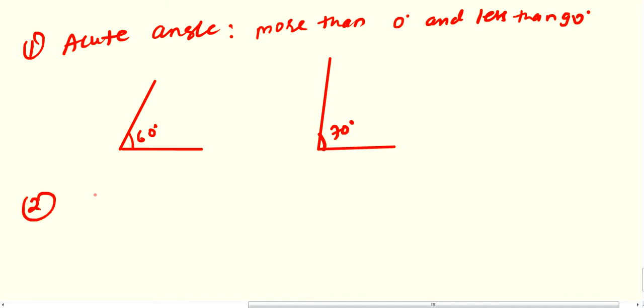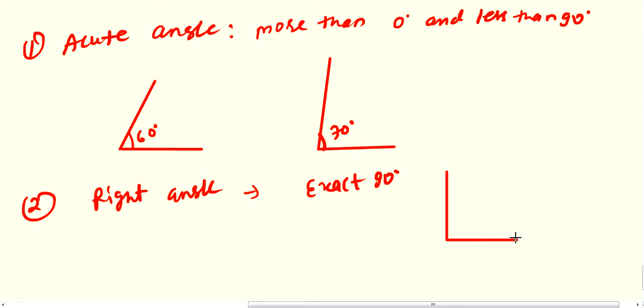Then second is right angle. In a right angle triangle or simply a right angle, one angle measures exactly 90 degree. This is your required example, P, Q, R. In this diagram you have the angle at Q, which is 90 degree.